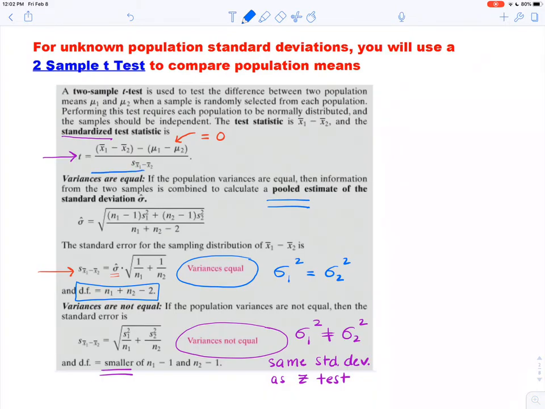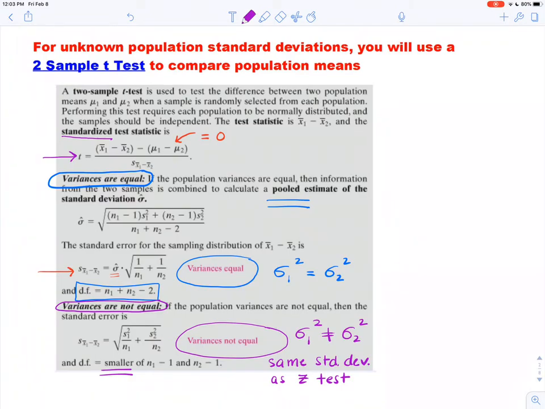One, when the amount of variation in the populations is roughly the same, variances are equal. And the other, when the amount of variation in the populations is very different, and those variances are not equal. And again, for right now, we don't have a test for this. We will later. So for right now, this is information that's going to have to be given up front.